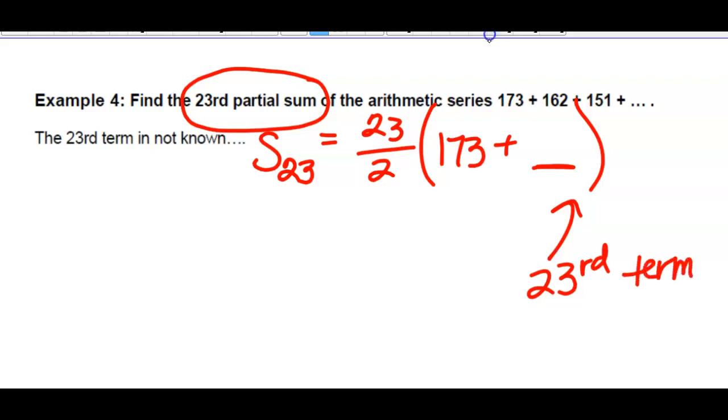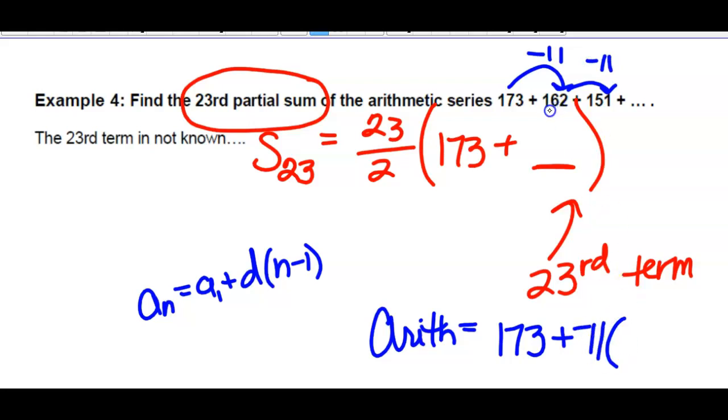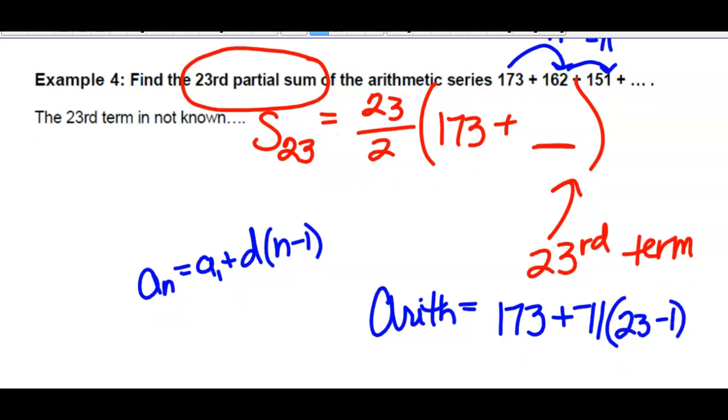Well, we know how to find that. This is an arithmetic sequence. So it goes the first term plus the difference times n minus 1. So the difference here is a negative 11. Is that right? So we have a negative 11. And if we want the 23rd term, we're going to do 23 minus 1 or 22 times in here.